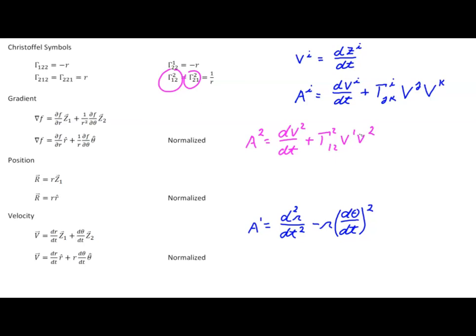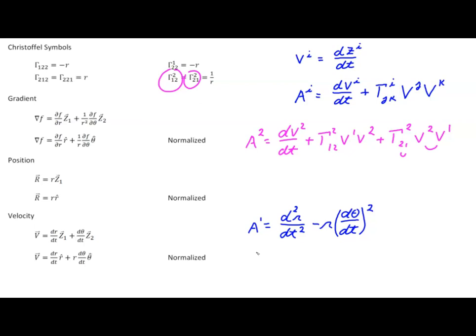These upper indexes here correspond to the lower indexes here because they're dummy indexes, as you see in our expression. And then we'll have the second one, which is gamma 2, 2, 1 times V2, V1. But of course, we can flip these two indexes, and we can flip the order of those two factors. And when we do, we see that this term is exactly identical to this one, so we can collect those into a single term.